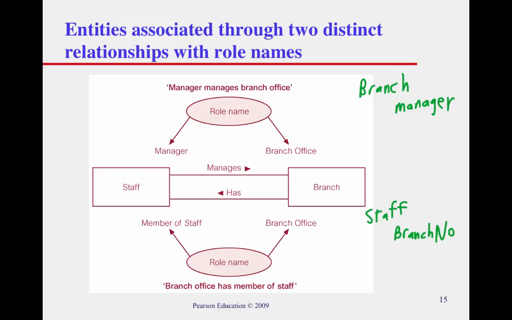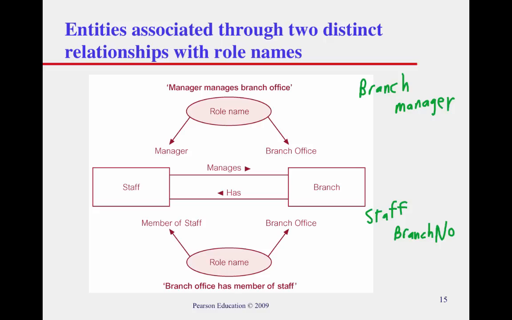So a manager manages a branch office. A branch office has a member of staff. That makes it easier for someone looking at it to discern what the two relationships are. Because often when you have this type of circular relationship, if you don't label the roles, someone looking at it may be confused as to why you have the circular relationship. This makes it clear.